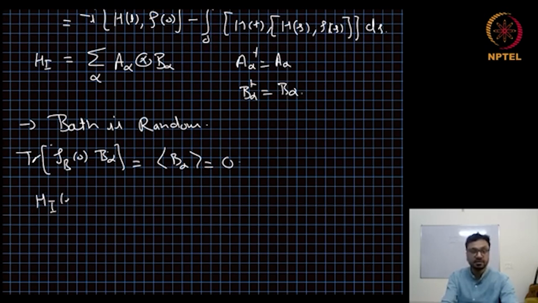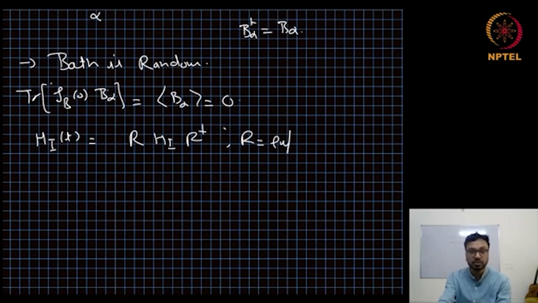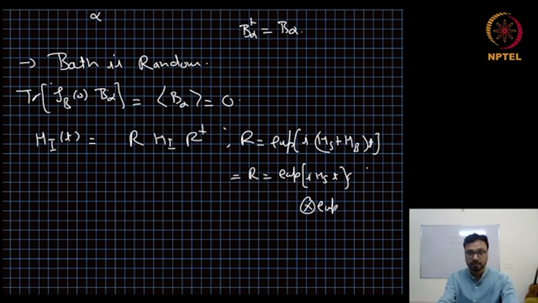From here we can calculate the interaction Hamiltonian in the interaction picture, which is R H_I R dagger, where R is exponential of i(H_S + H_B)t. So H_S and H_B commute, so we can always write R to be exponential of iH_S t tensor exponential of iH_B t, which can be called R_S tensor R_B.